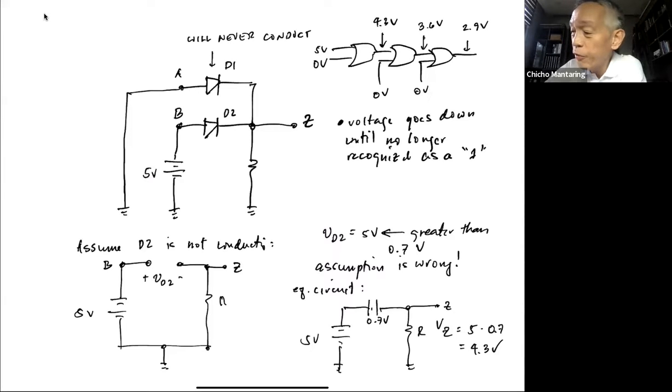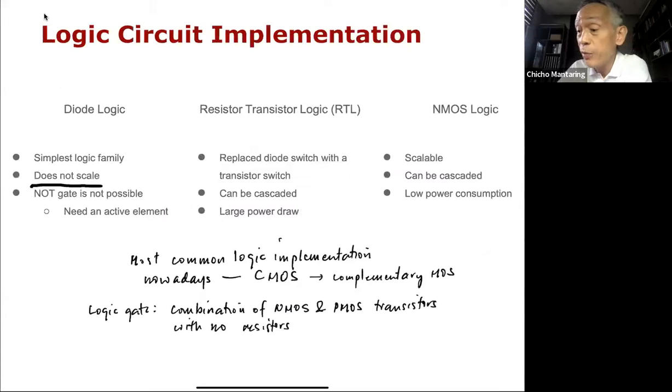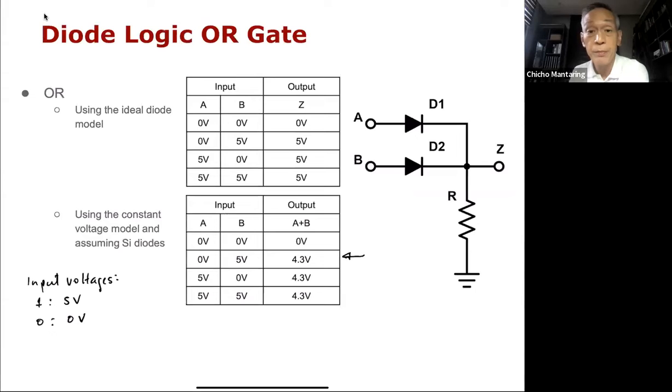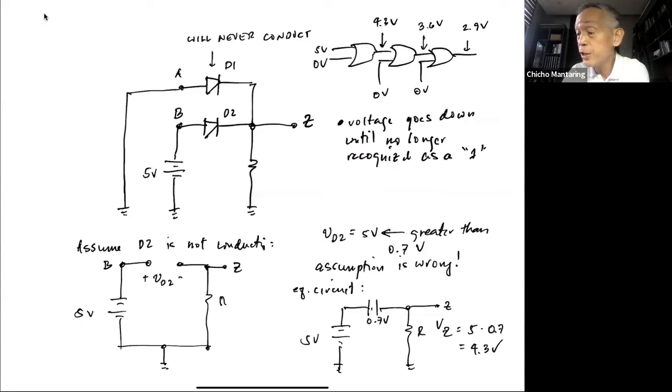At some point, the voltage will be so low that it will no longer be recognized as a 1. It will already be recognized as a 0. And that's the reason why we say this does not scale. Okay. And that does not happen with resistor transistor logic, and that does not happen with NMOS logic. So that's your OR gate.